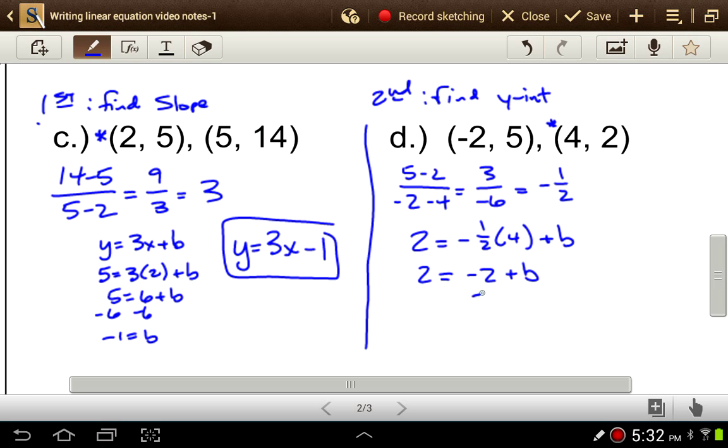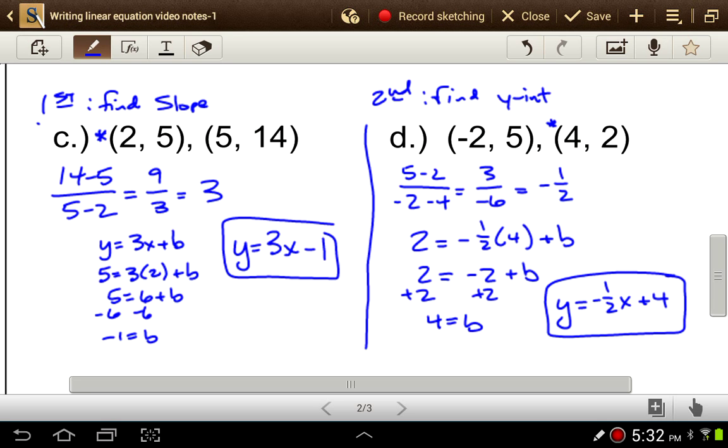Add 2 to both sides, 4 equals b, so there's my y-intercept. So my equation is going to be y equals, my slope was negative 1/2 x, and then that's plus 4. And there you go. Okay, so find the slope first, then find the y-intercept next. Okay, and you got to find the y-intercept by substituting in one of the 2 points for x and y and solve for b.